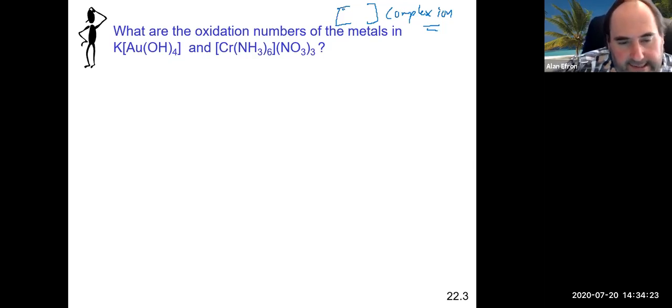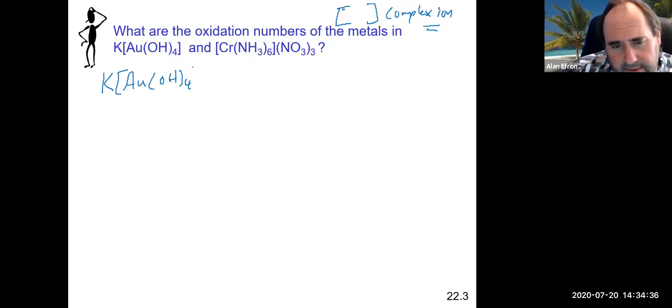Okay, so let's take a look at each of these and figure out what's going on. We'll start with the first one. As I mentioned before, a lot of times coordination compounds are written like this, where they put brackets around the complex ion part. That's a very good way to figure out which part is the complex ion and which part may be the counter ion.